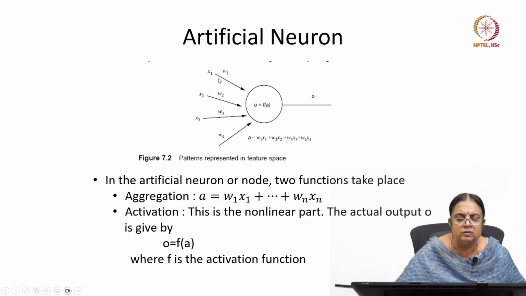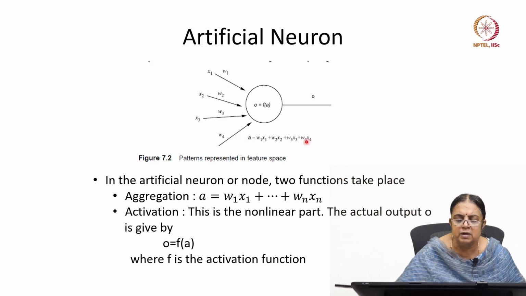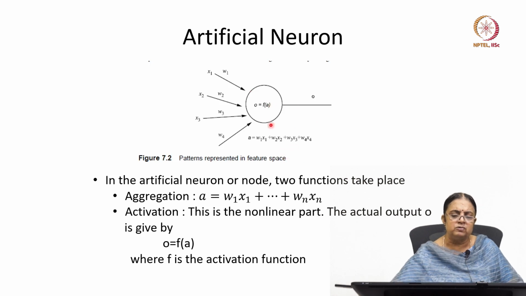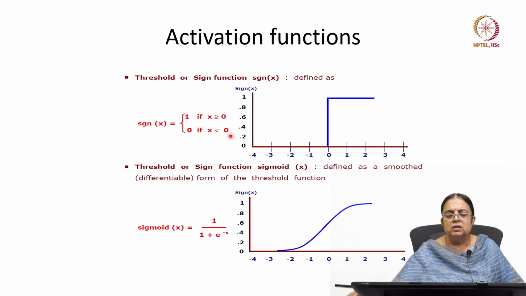If you have, say, x1, x2, x3, x4 coming in here, you take it as W1 times x1 plus W2 times x2 plus W3 times x3 plus W4 times x4, and the output that you are getting here will be a function of that, which depends on the activation function which you are going to use. We will see what all the possible activation functions are that we can have.